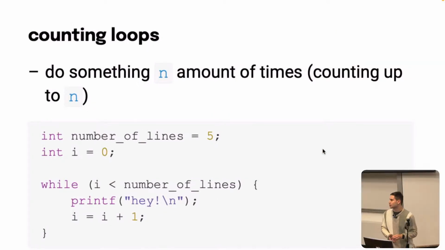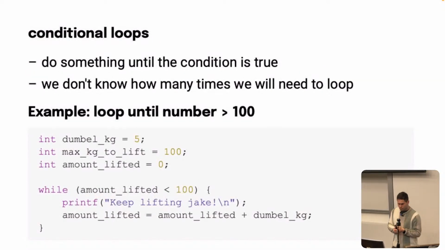So that's the counting loop. Next, we have the conditional loop. And they're really similar, except a conditional loop isn't counting an integer typically. So it's happening until some condition is met. There was a backstory to why this was the program used from a previous term.